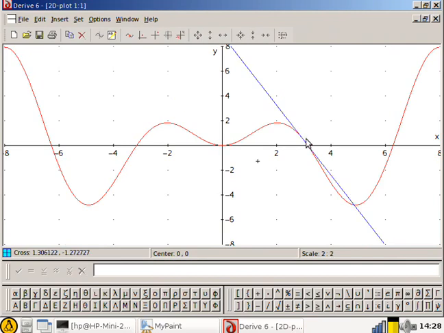Now look, there's the tangent at 3. But you see how it cuts the curve again much later down here. Is it right or wrong to call this a tangent? It's still right to call this a tangent, okay?